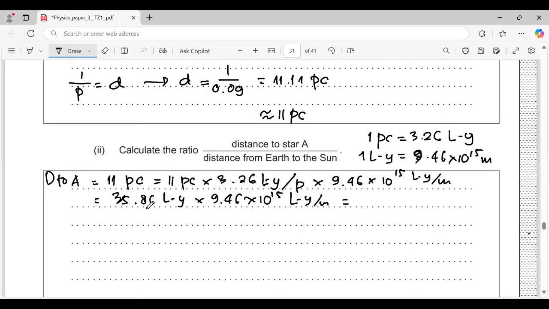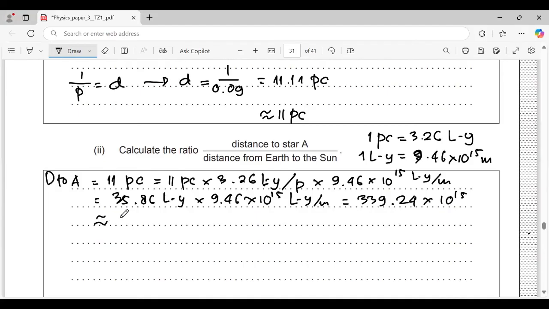And if you calculate this number, 35.86 times this one, the result is 339.24 times 10 to the power 15.